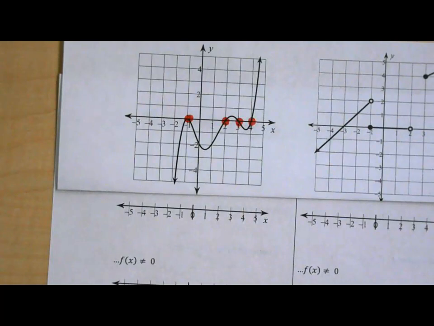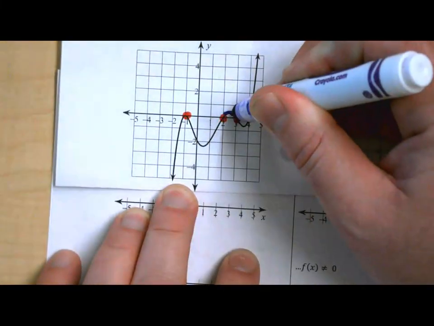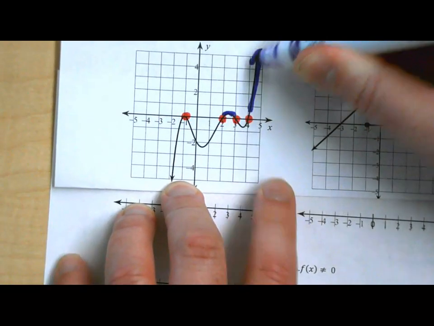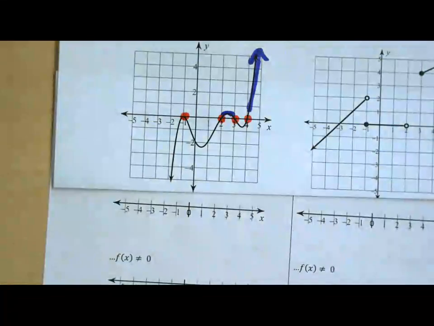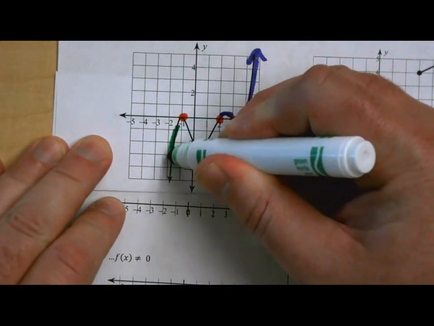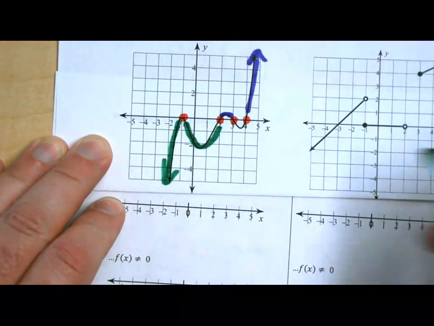Then I'm going to pick a different color and color in the graph where it's above the x-axis, and a different color for where it's below the x-axis. So it's not above the x-axis until here, this little interval there. You can use whatever colors you want, or none. And it's below the x-axis there, there.